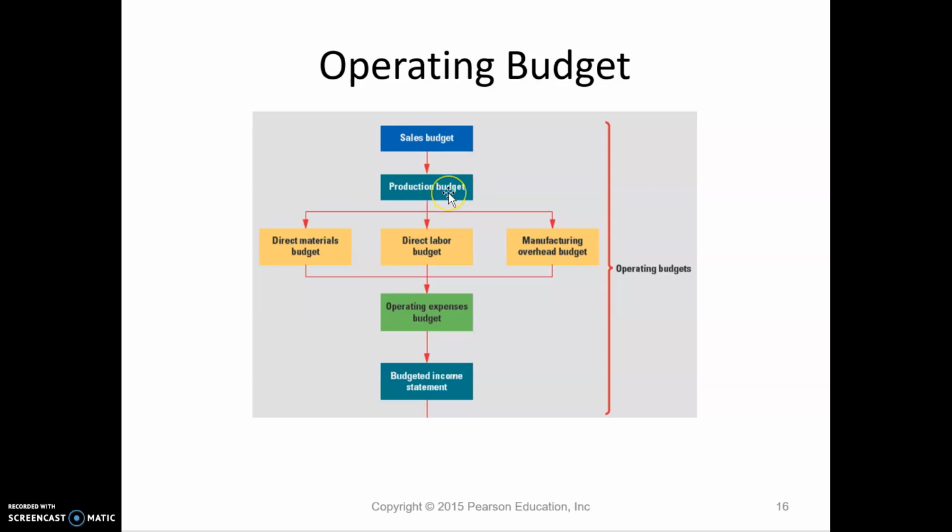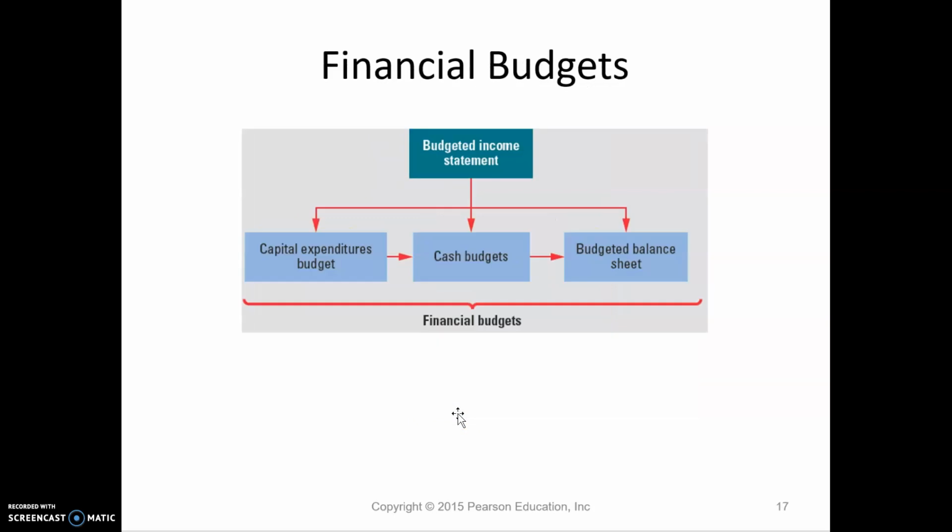The number of units we need to produce is going to determine our manufacturing costs: direct materials, direct labor, and manufacturing overhead. And then we need to budget for our period costs, our operating expenses. And all of this information will then be used to prepare a budgeted income statement. The financial budgets are then going to be prepared based off of our budgeted income statement.